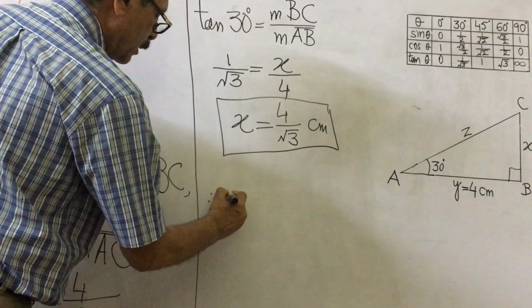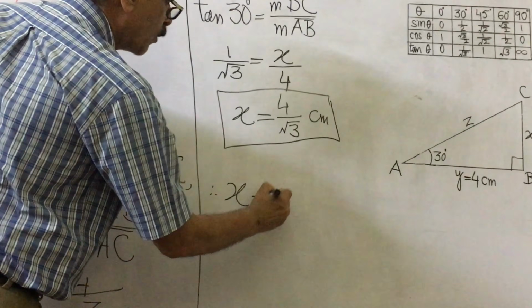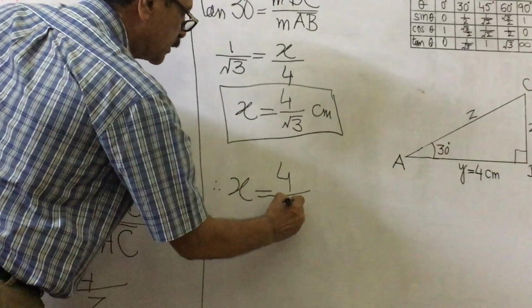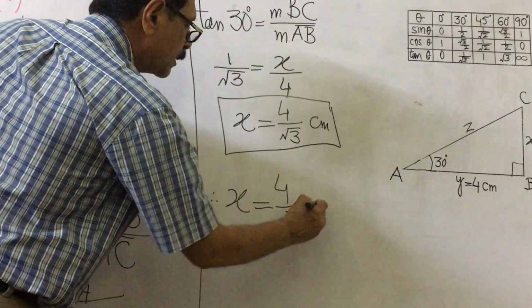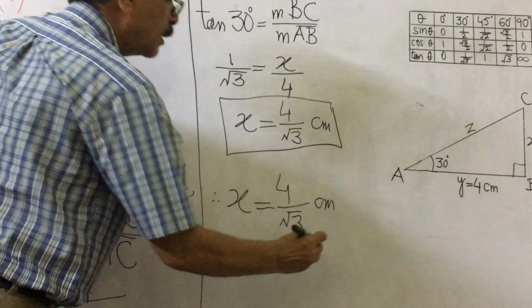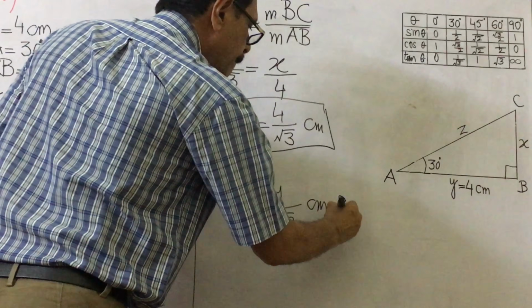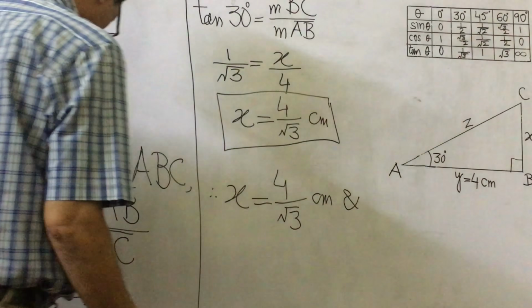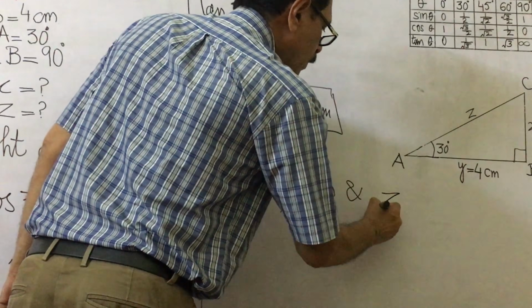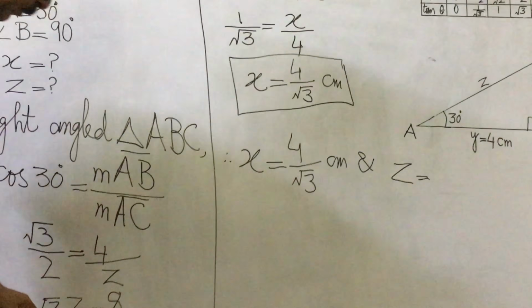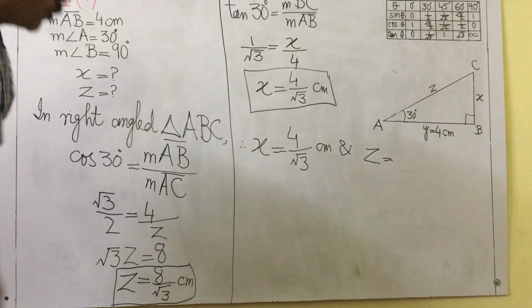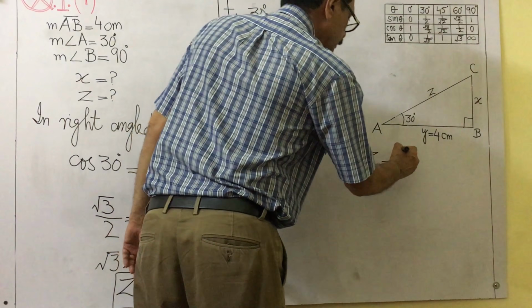Therefore, x is equal to 4 over square root of 3 centimeters and z is equal to 8 over square root of 3 centimeters.